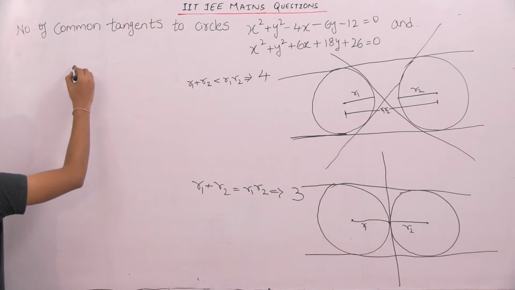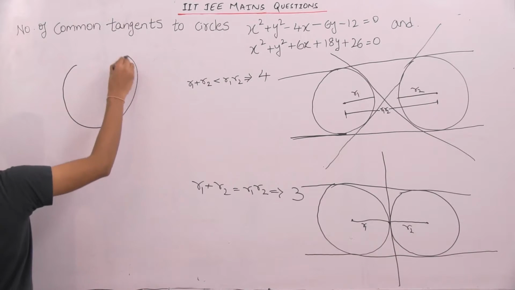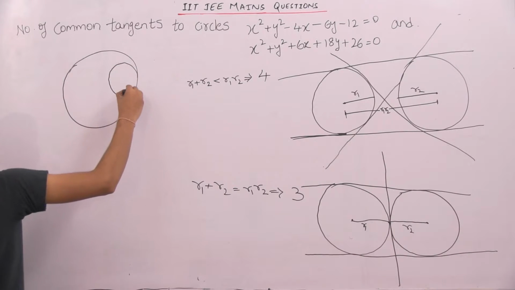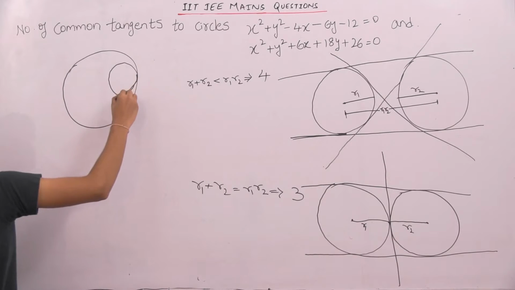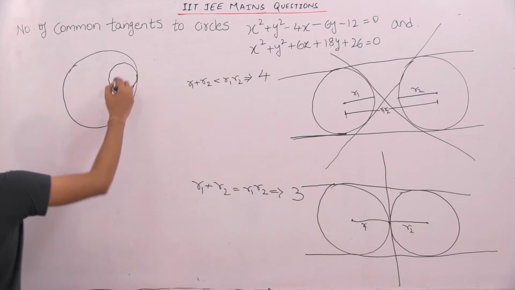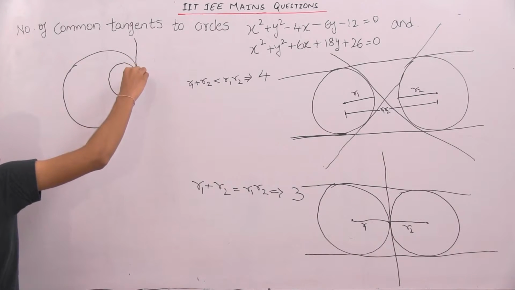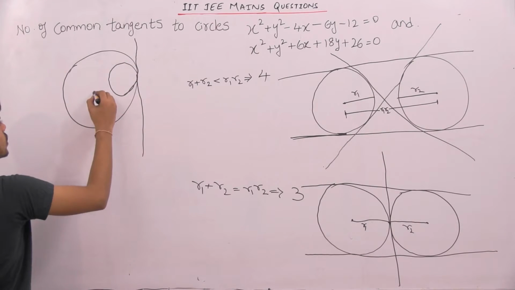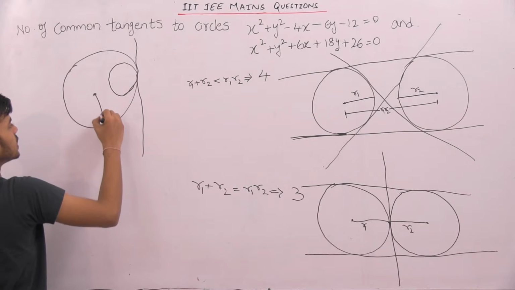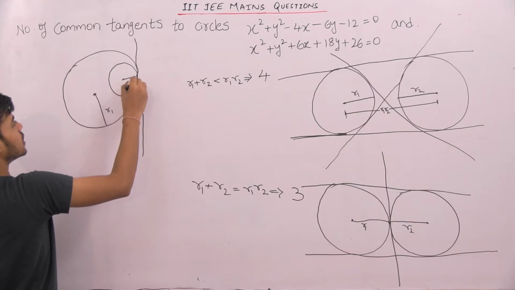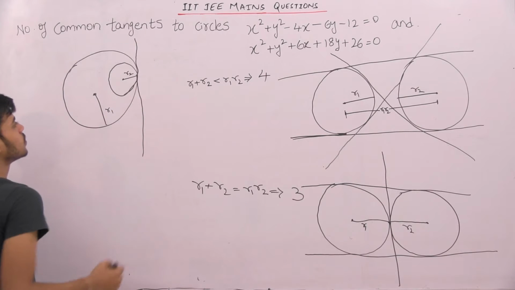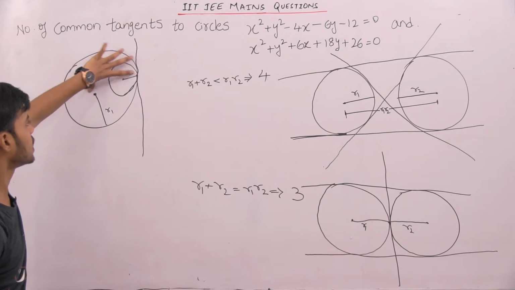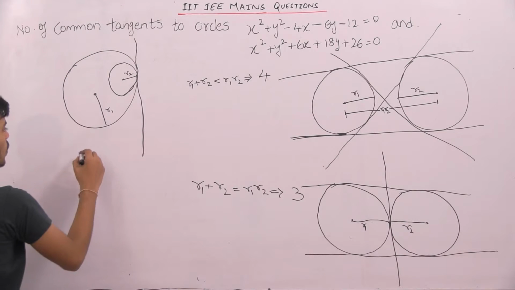Let's see another situation where the circles touch internally. This is the third case, and in this case we can have only one tangent touching the two circles. So if this is r1 and this is r2, we can clearly see from the figure that r1 is a lot greater than r2.